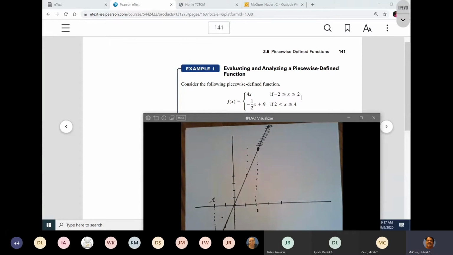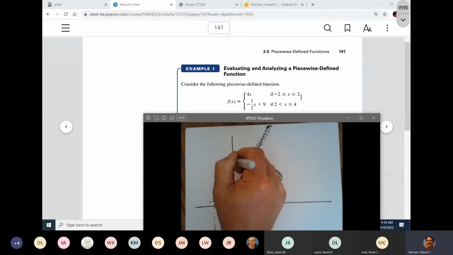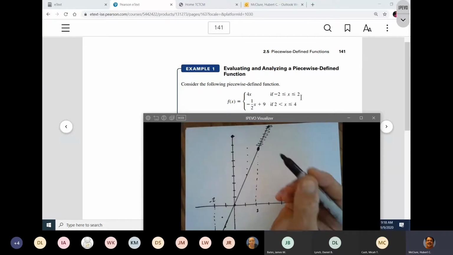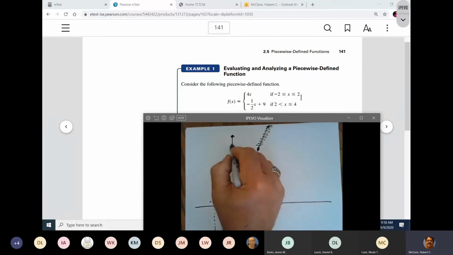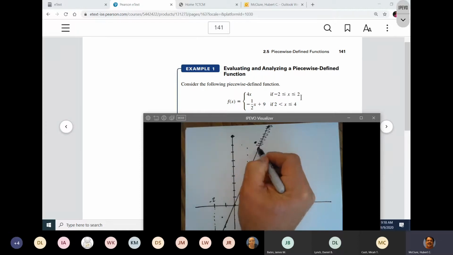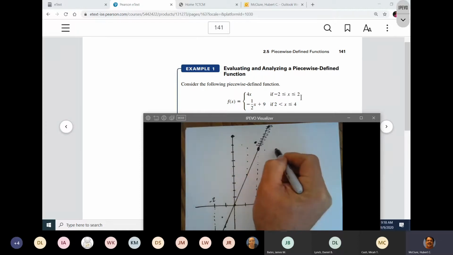And then from +2, we've got to take off from this guy. So this one, -1/2 x + 9, we know it has a y-intercept of 9. So that's 4, 5, 6, 7, 8, 9. And then it has a slope of -1/2: down 1, over 2, down 1, over 2.